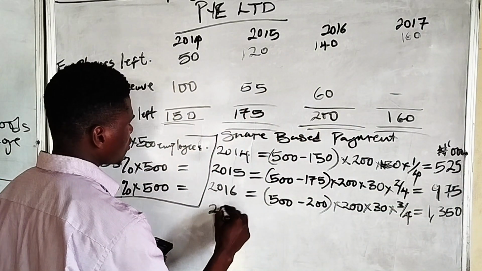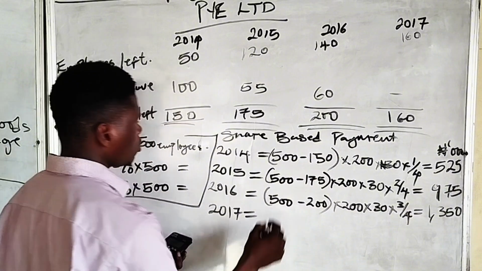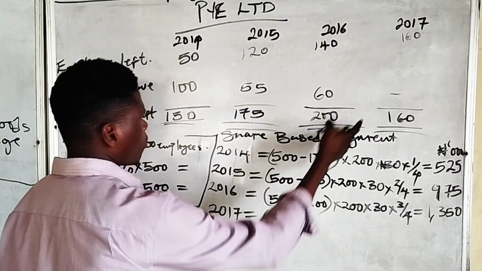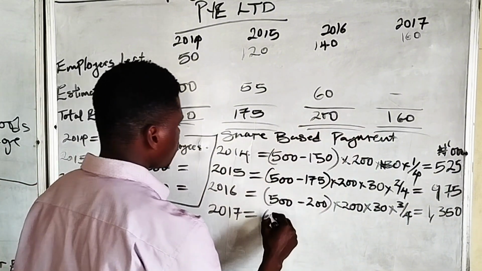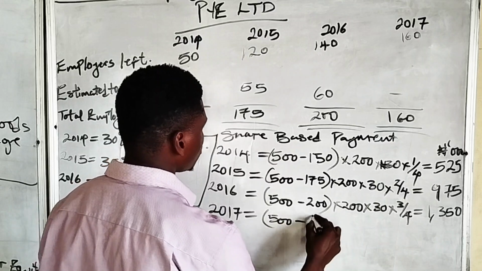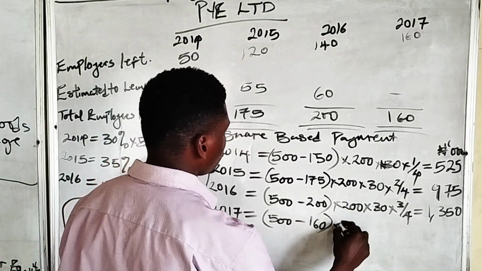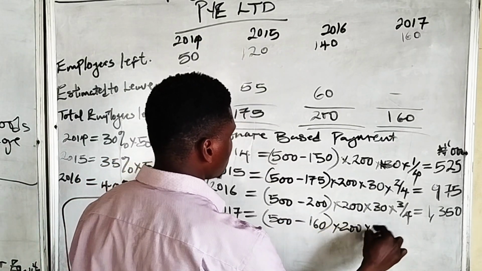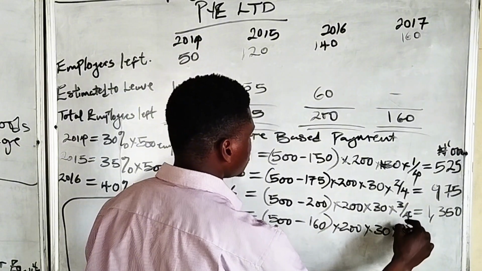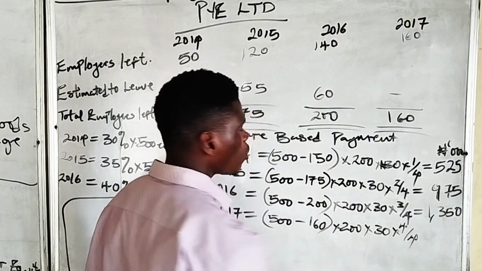Then for 2017, which is the last year, we said 160 will leave. So 500 minus 160 multiplied by 200 times 30 times, this is 4/4 now. Complete.